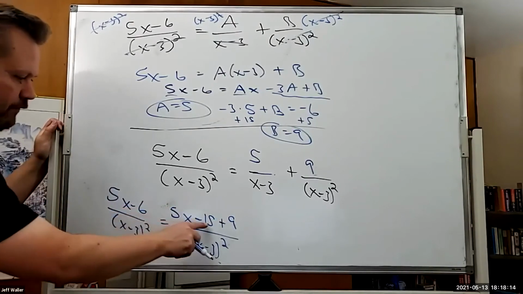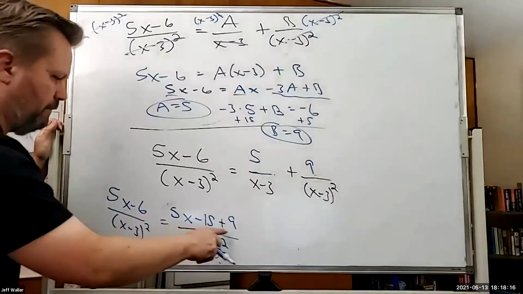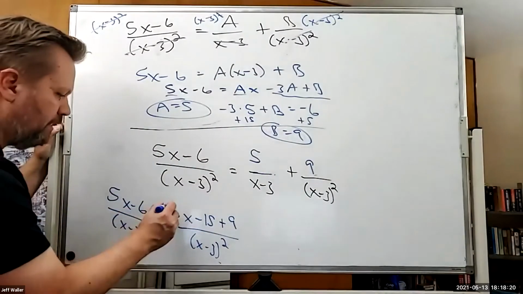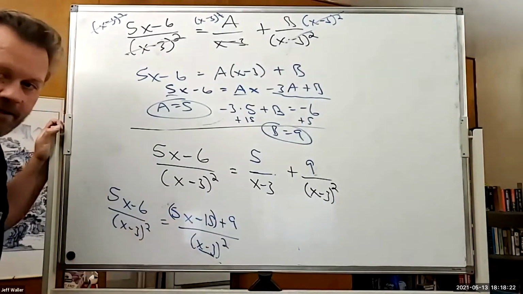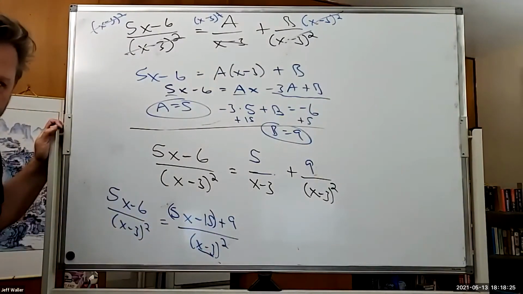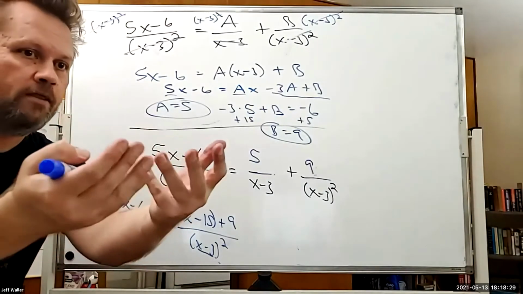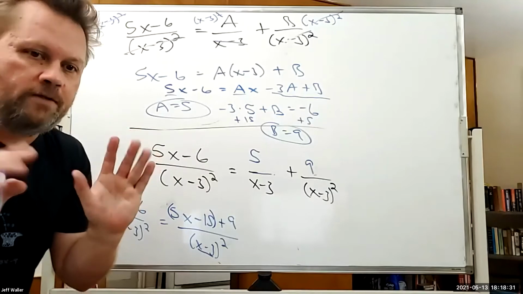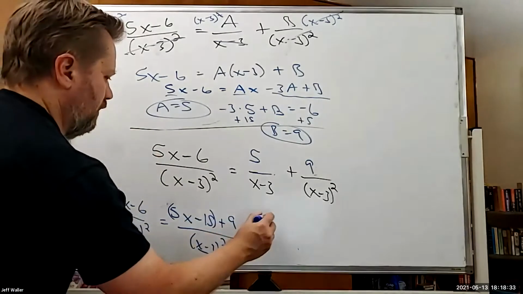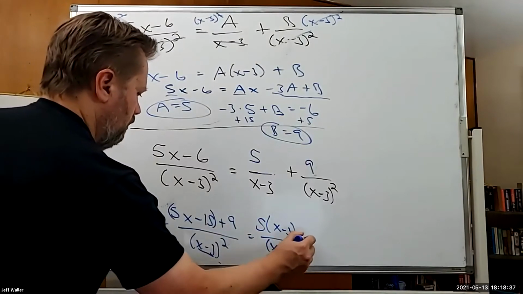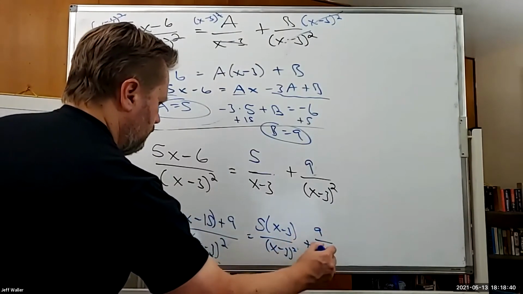I could have put -4, -2. I could have put -3, -3. I mean, anything that makes -6. But why did I put this? Because doesn't this have x minus 3 in it? All right, this is really, really weird. I'm just going to show it to you, and then you can forget about it forever if you want to. Isn't this 5 times (x minus 3) over (x minus 3) squared plus 9 over (x minus 3) squared?